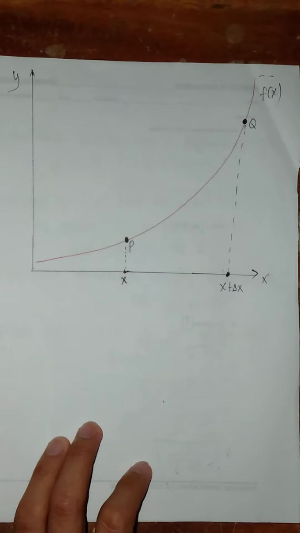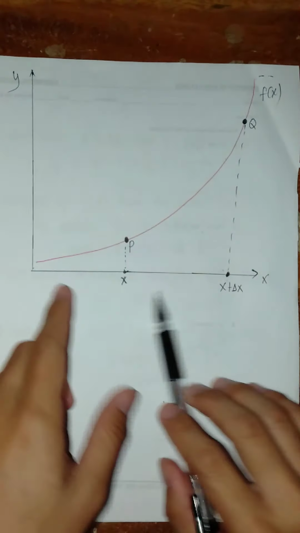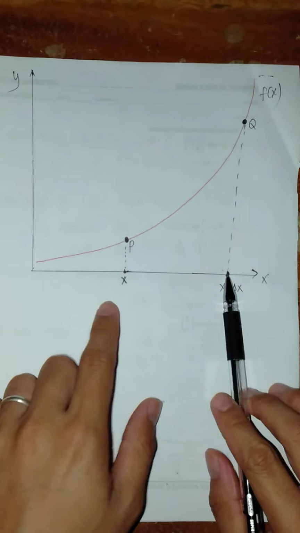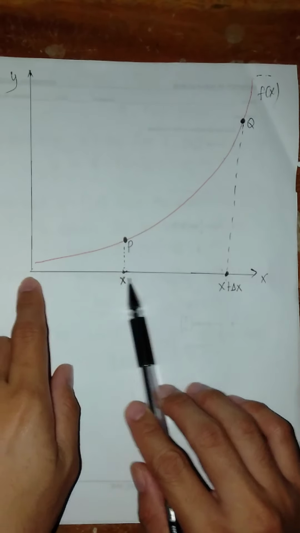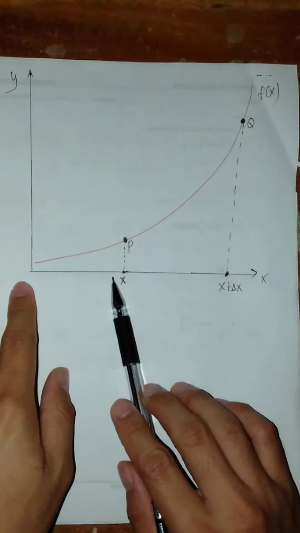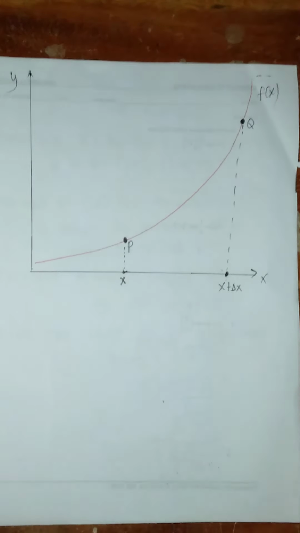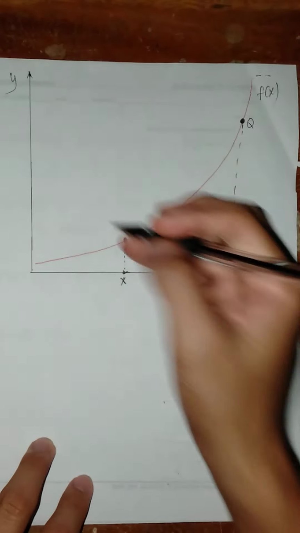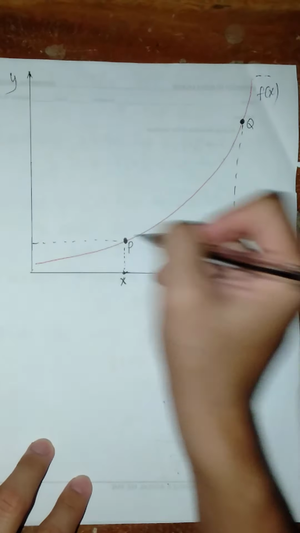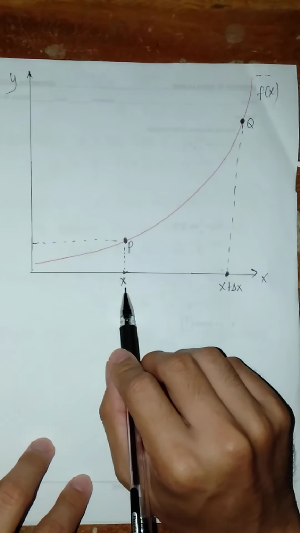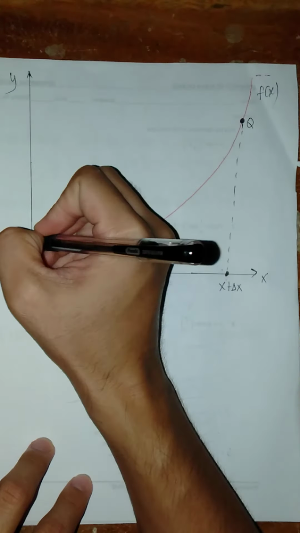So, clear tayo? So, saan galing yung x na to, sir? Paano nakuha yan? Ito yan, x, diba? From your origin, x yan. Since delta x to, so x plus delta x. So, clear? So, now, what will be your corresponding value dito? So, if it is x, ito ay function of x.